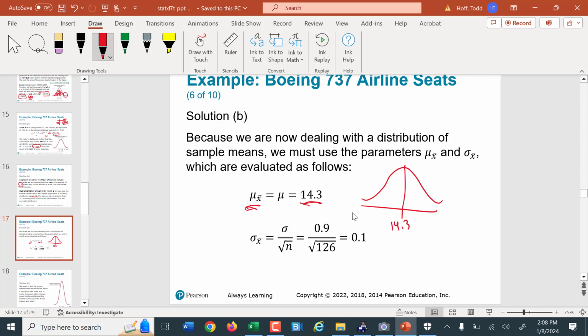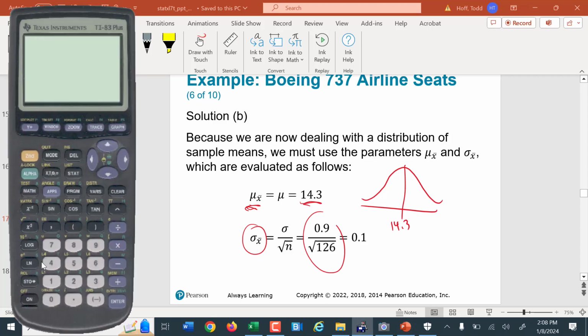And now, since we're looking at a mean of a sample, we have to find a standard error. So it is 0.9 divided by the square root of 126. When I do that calculation, I get 0.08017.